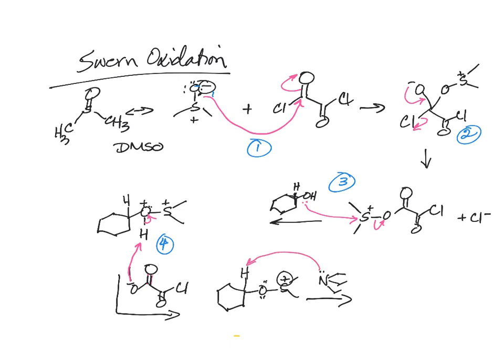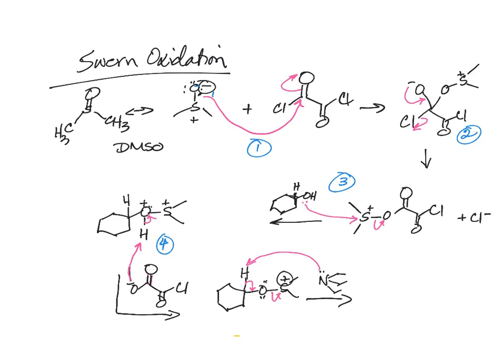That will remove this extra proton. This is unusual. We haven't seen this kind of proton removal very often. Those electrons will stay here to form a double bond with the oxygen. And then the electrons that were attached between the oxygen and the sulfur can go down to the sulfur now.